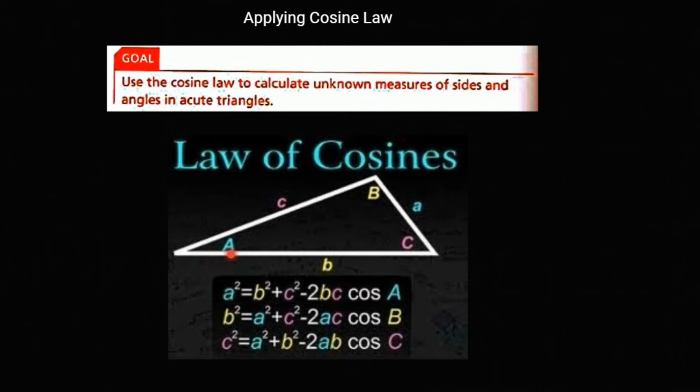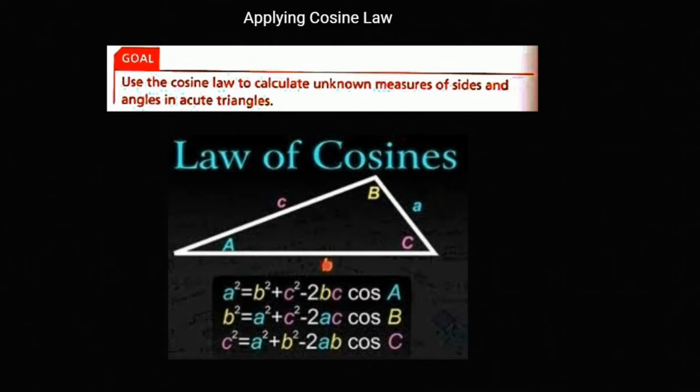So this is triangle ABC, and the lowercase letters correspond to the angles A, B, C. So a squared equals b squared plus c squared minus 2bc cosine A, right?